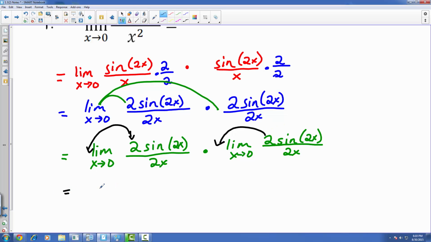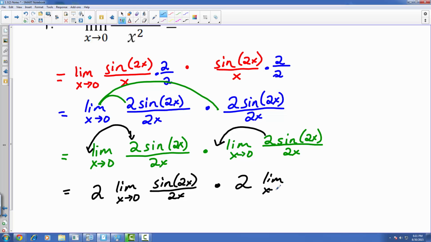So we end up then with 2 times the limit as x approaches 0 of the sine of 2x all over 2x, times 2 times the limit as x approaches 0 of the sine of 2x all over 2x. And just from before, we know that this entire limit, now that they do in fact match, just comes out to be 1.